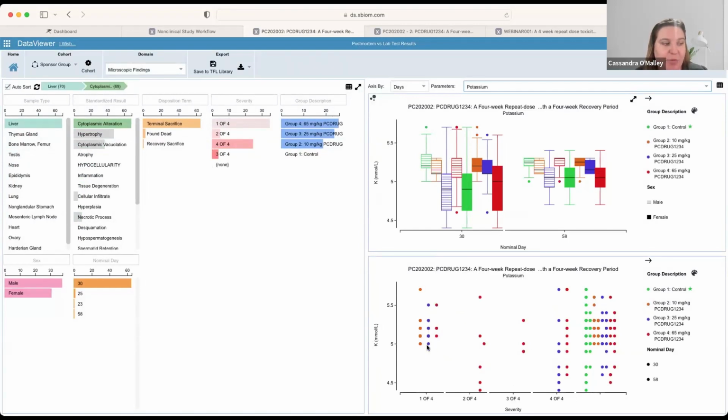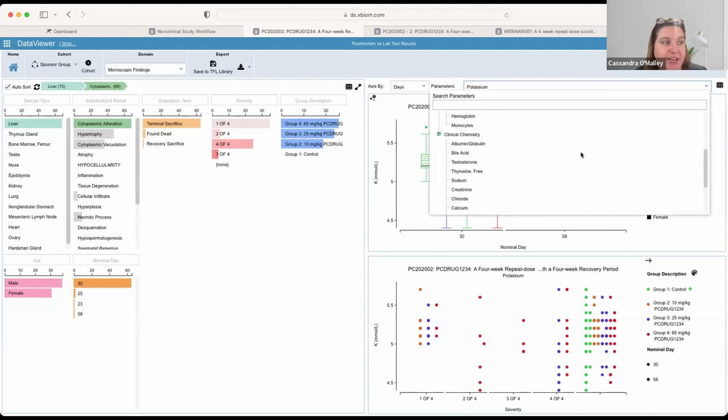So we see that where there are cytoplasmic alteration findings, they do have various levels of potassium, anywhere from 4.5 up to 5.5. And that's seen where we also have the absence of findings. There is no cytoplasmic alteration with potassium levels at any point.